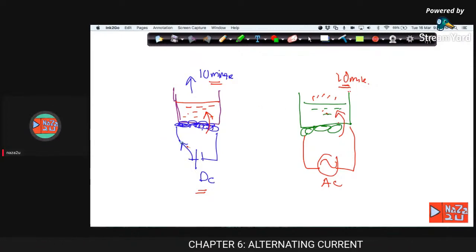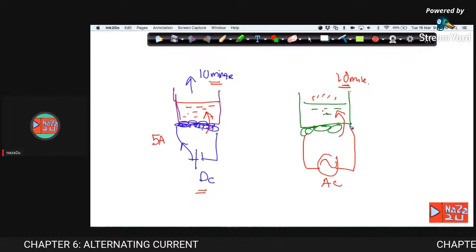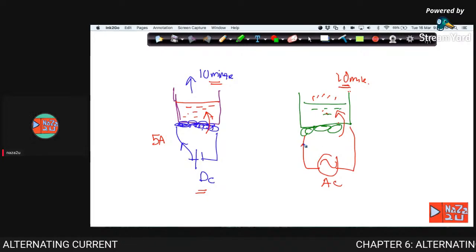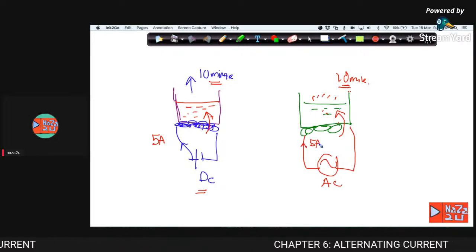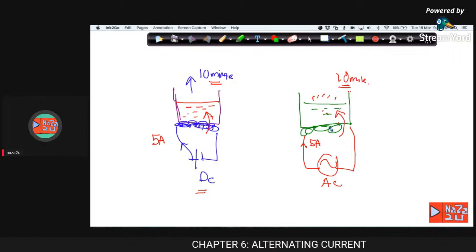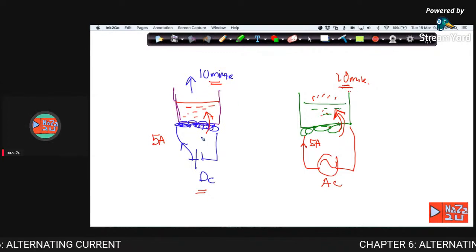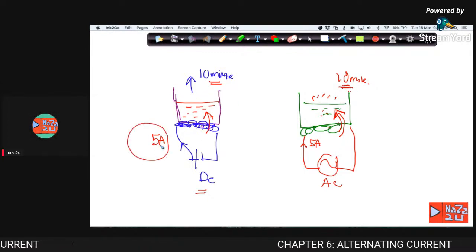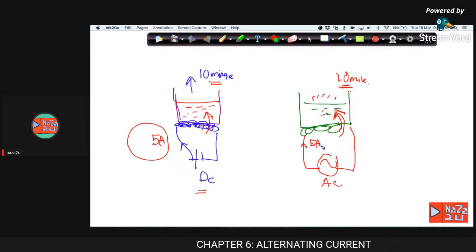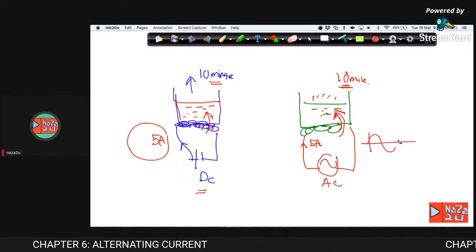Tetapi arus yang saya guna untuk DC current kita boleh ukur kat sini katalah kita letak 5 ampere. Jadi kita boleh katakan juga arus yang mengalir dekat AC current ni adalah 5 ampere. Maksudnya arus yang mengalir akan memberikan satu tenaga untuk air mendidih selepas 10 minit. Kalau dalam DC current, dia menggunakan 5 ampere. Jadi kalau AC current, kita tak boleh ukur kerana arus kita kata tadi sentiasa berubah-ubah.